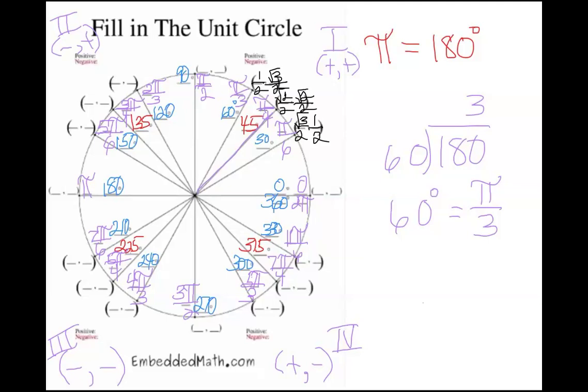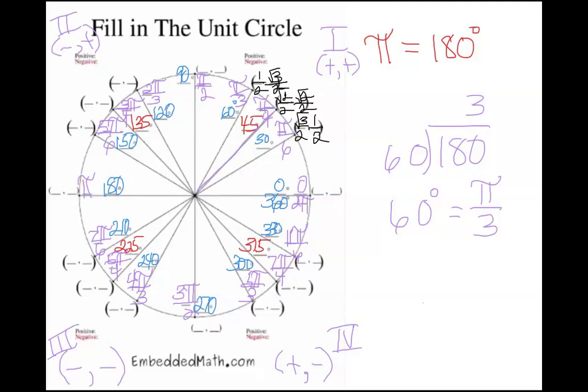Now what I want you to look at is that this is 30 degrees, and this right here is also 30 degrees. From 150 to 180, that's a 30-degree angle. These coordinates are going to look just like these, except x is going to be negative, because I told you up here x is negative in that quadrant.